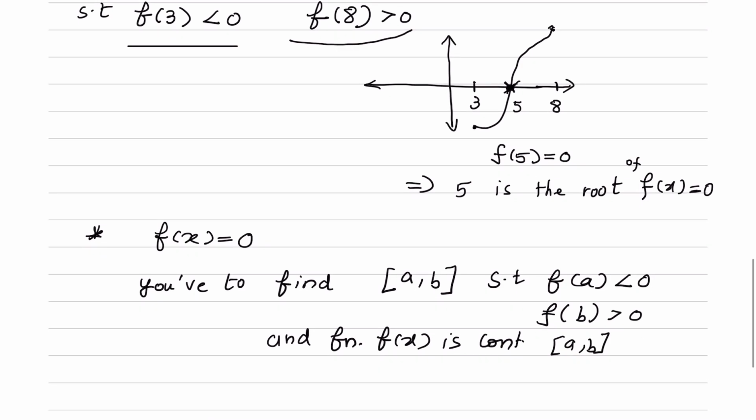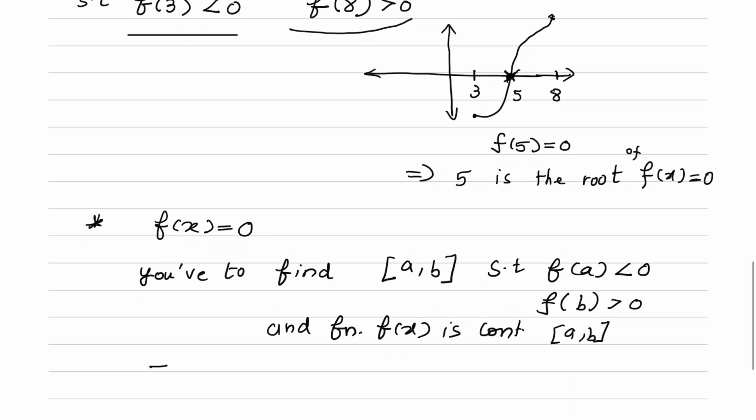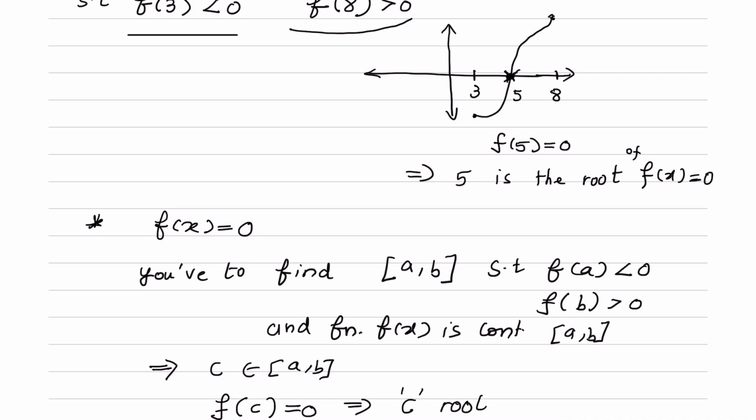If these two conditions hold, you will definitely be able to find some number c belonging to this interval AB at which the function value will be 0, and you will have c as the root of the equation f of x equal to 0.